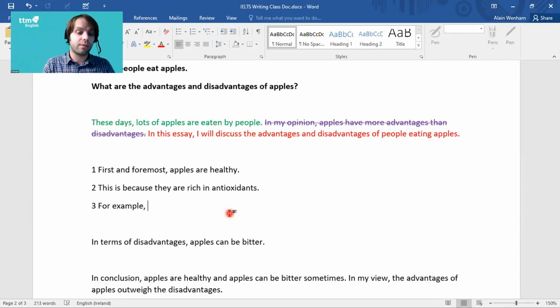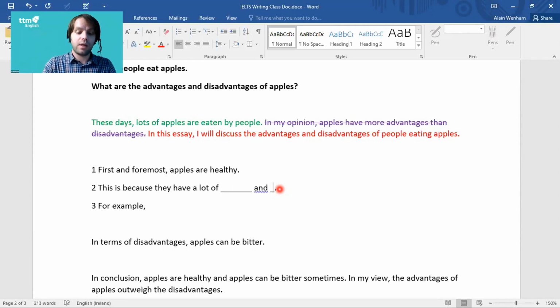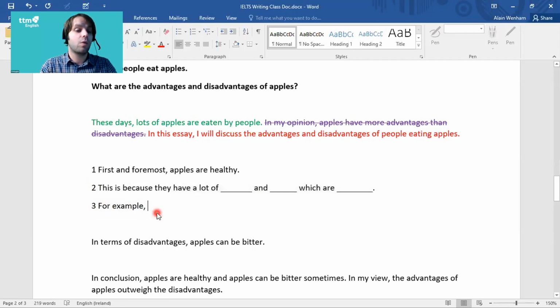Andrea, let's hear yours, okay? Okay. Apples are healthy. They have a lot of vitamins and minerals which are beneficial for a good physical condition. Nice, good. How's your example now? Remember, this has to fit with this. 1 and 2 and 3 have to be related. Go on.